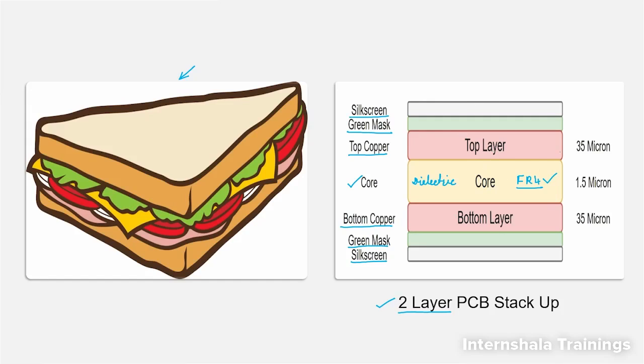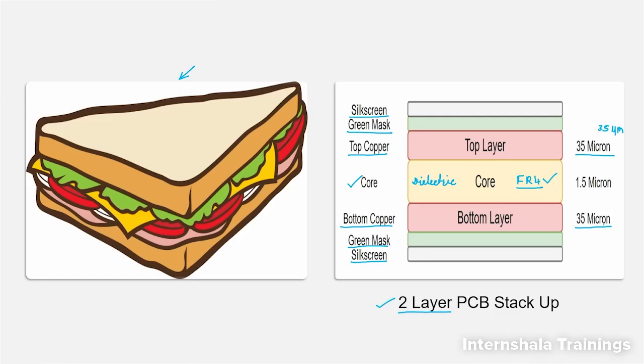Here I have given the thickness of each layer. The top copper layer has a thickness of 35 micron, which means 35 micrometer. The bottom layer is also 35 micron.